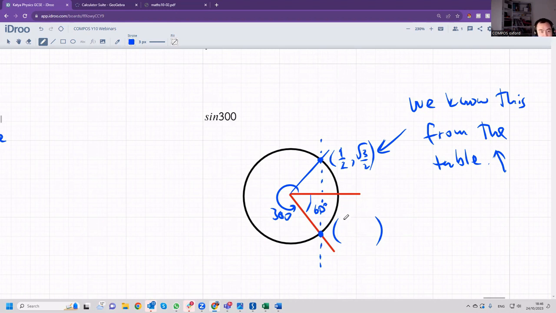It's going to be 1/2, comma, minus square root of 3/2. Do you understand that? So what is sine 300? Minus square root of 3/2.